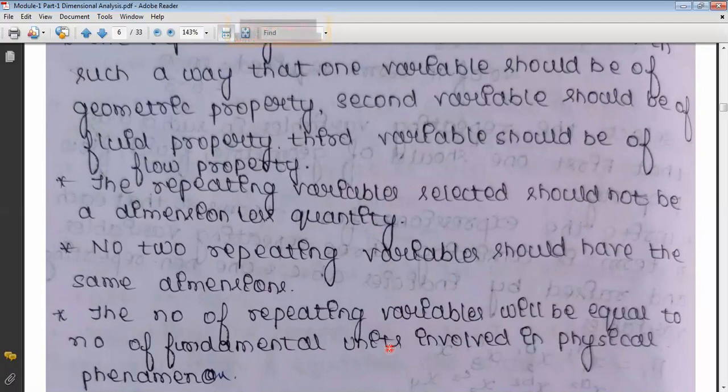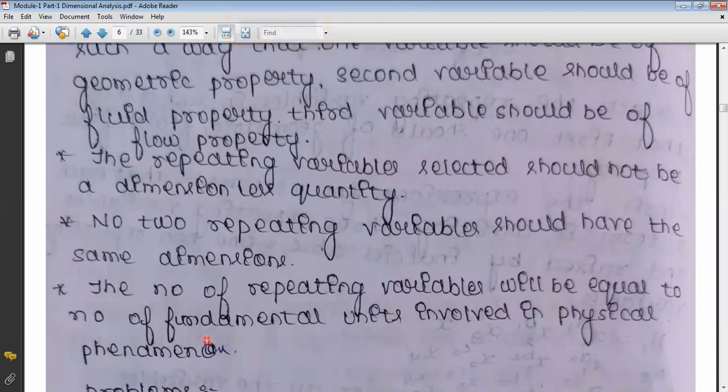In any problem, if three fundamental units are involved, meter, kg, and seconds, then the number of repeating variables will be three. In 99% of the problems, the number of repeating variables will be three only. In only one or two problems involving very few variables, you can get only two repeating variables. You will come to know while solving the problems.